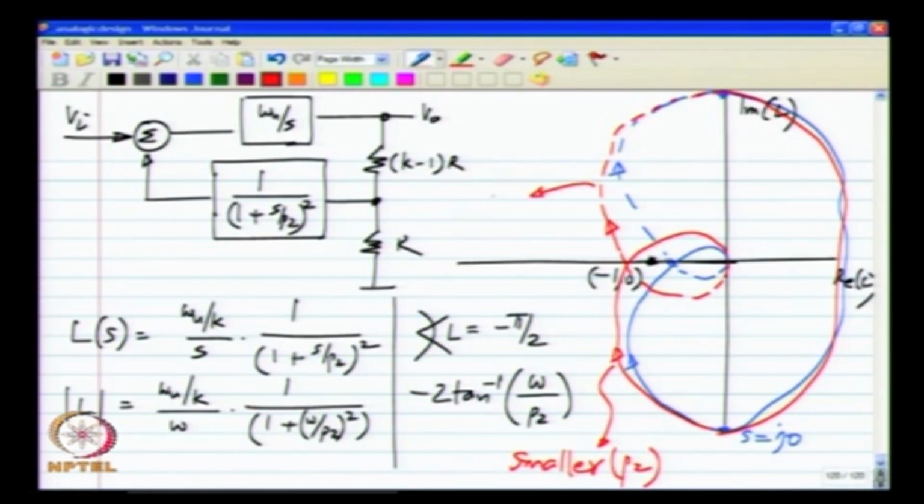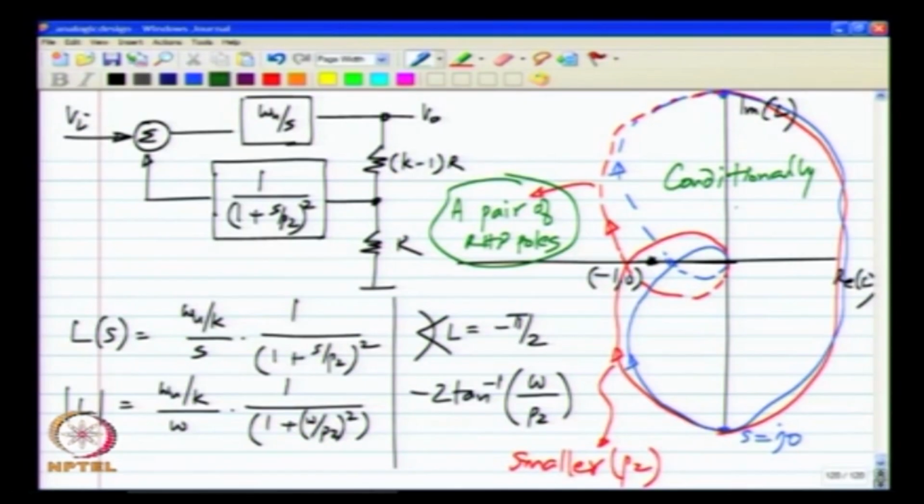So, this corresponds to a pair of RHP poles, because it encloses it twice, and also the conclusion here is that it is only conditionally stable. Okay. This again we had evaluated exactly, but that is what comes out from the Nyquist plot as well. Okay.